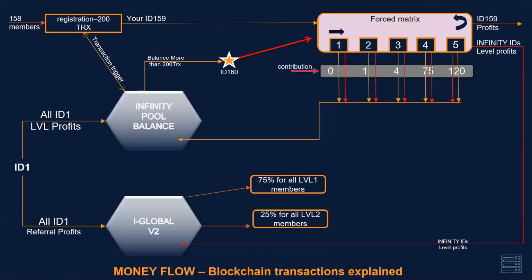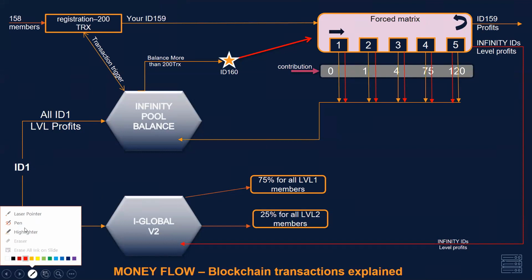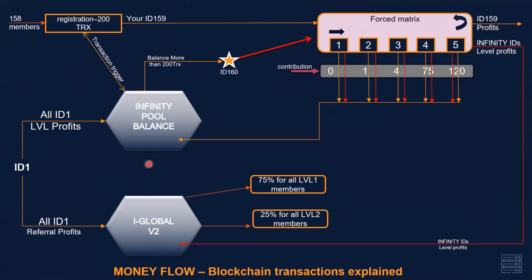Let's talk about the blockchain. Step by step, I want you to follow me in here. Let me use the laser pointer. So an example. Let's say you want to register on the system, all right?